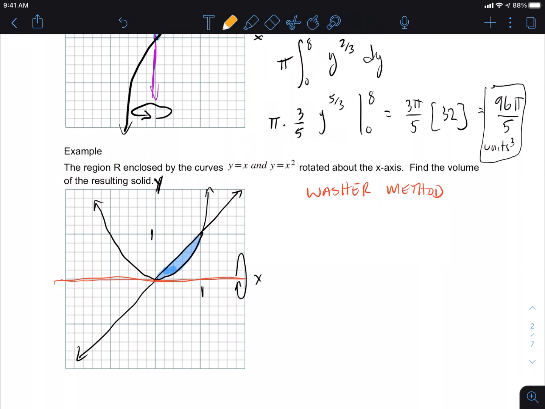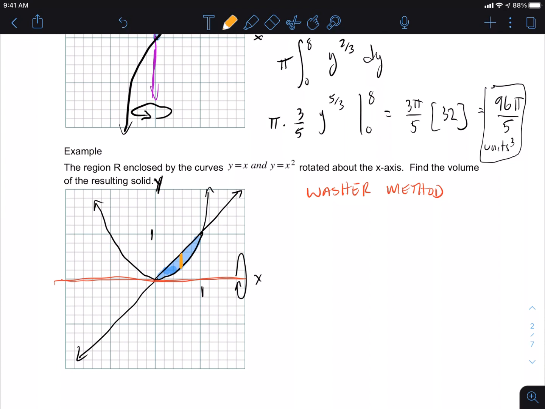Now, my slice is going to have to go this way because remember, with both the washer and the disc method, we're going to want to be perpendicular to the axis of rotation. So what is this telling me? If I were to extend that slice, which axis would it cross?